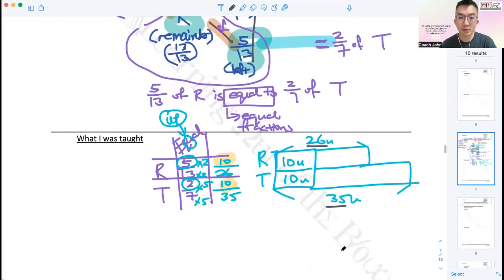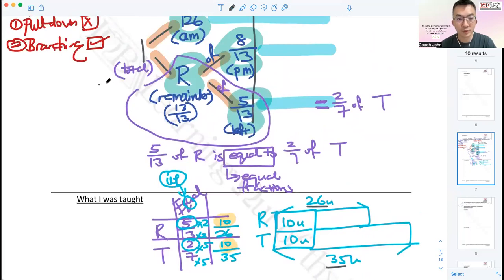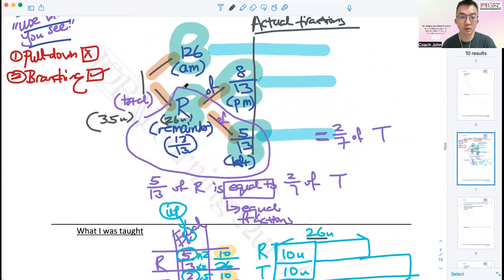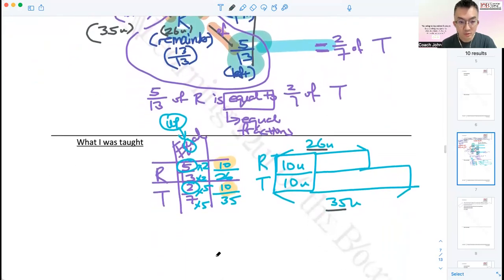Okay, so right now we have 26 and 35. So which means that here we have 35 units in total. For R, we have 26 units in total. And let's say if I do number bond again, okay, let me just write here again. So we have 35U in total for T, 26U for remainder. And this is the 126.